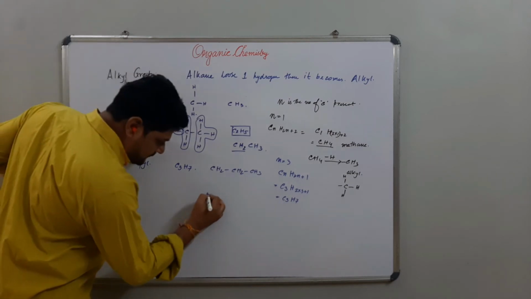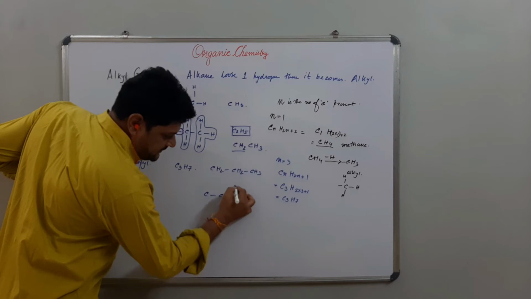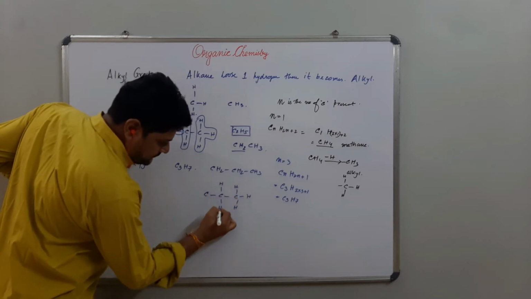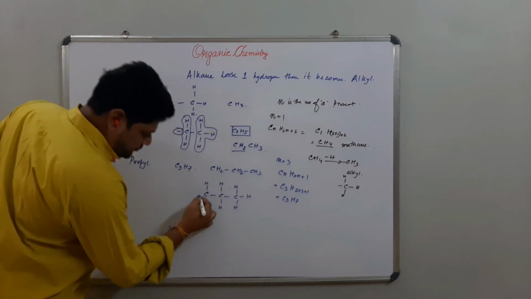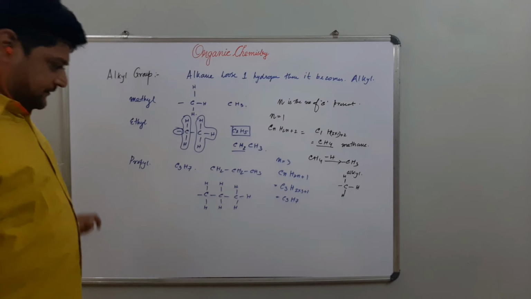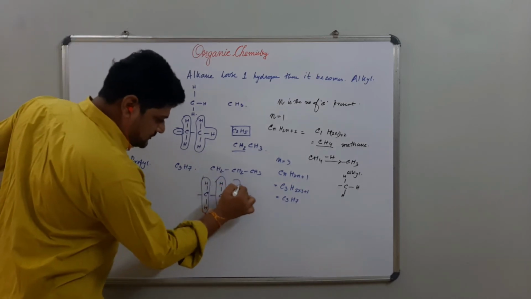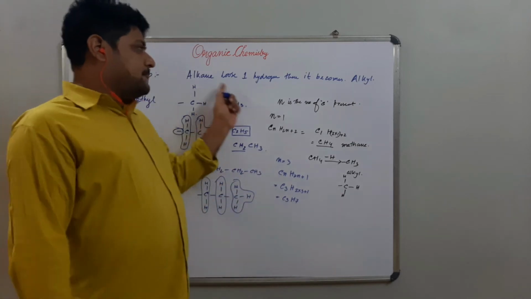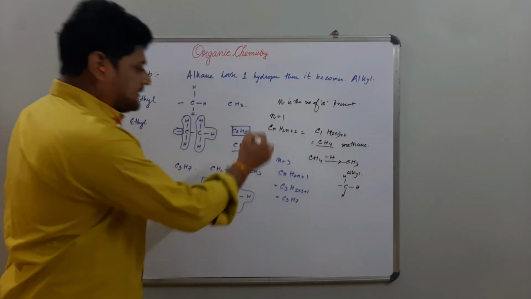What is the structural formula of it? C, with 3 H's here, 2 H's here, 2 H's here, and obviously we put one single bond before it. So this is CH2, this is CH2, this is CH3. This is the basic alkyl group, as CH3 is present at the end.